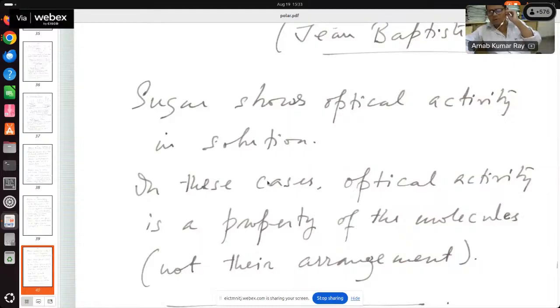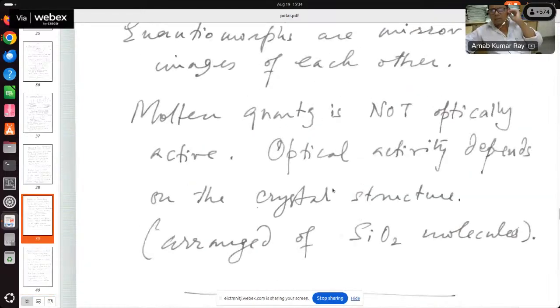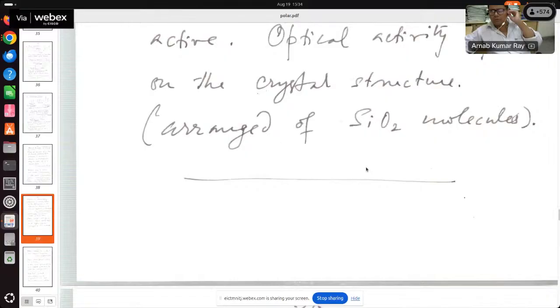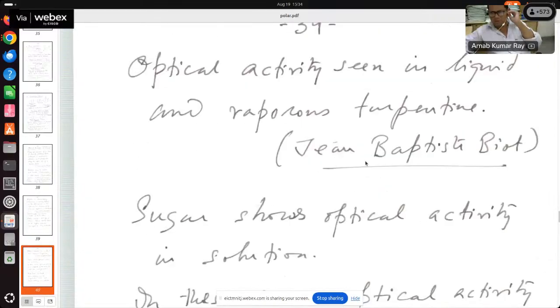So it is not so much about arrangement as it is about the property of the molecule. You can see there's a vast range of interesting phenomena here. Some things are optically active not in the liquid phase but in the solid phase, in which case it is not so much the molecular structure that matters as the arrangement of the molecules in the crystalline structure that is important, right?